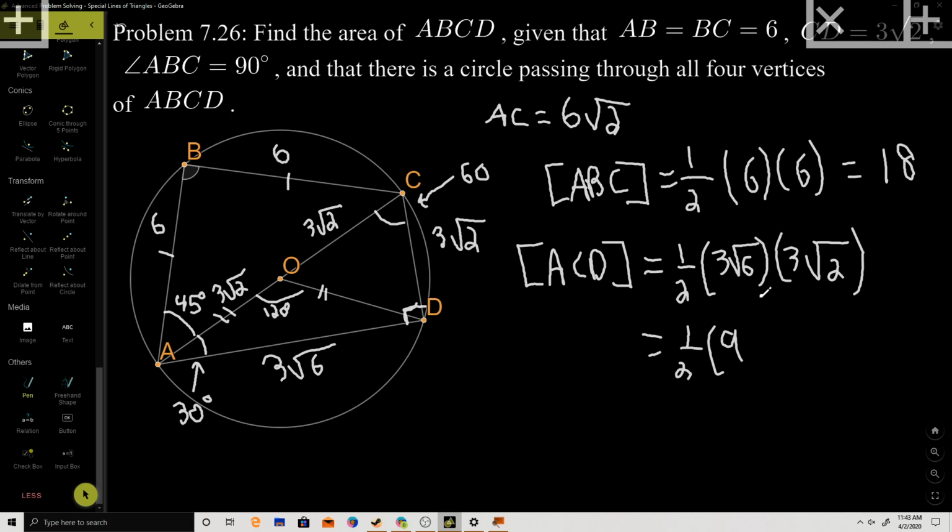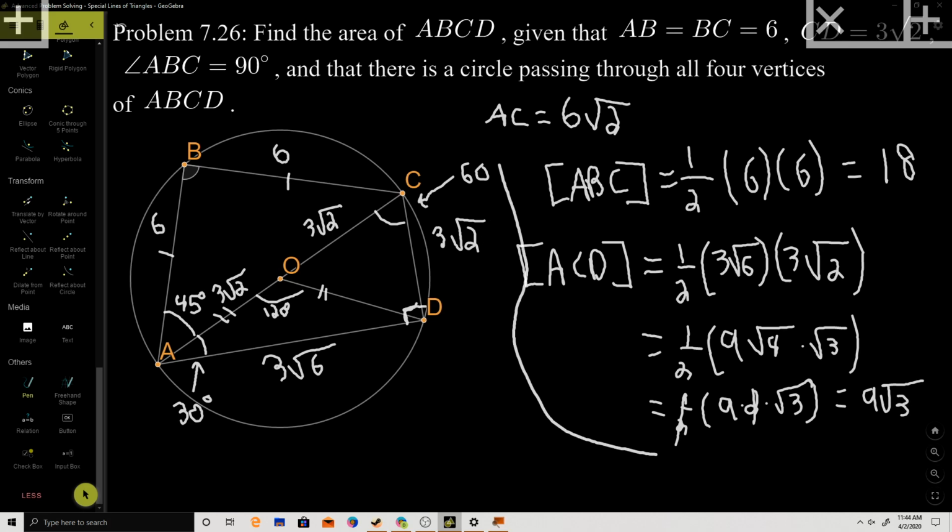And then the square root of 6 times the square root of 2 is the square root of 12. And the square root of 12 can be rewritten as the square root of 4 times the square root of 3. Which means it can be rewritten as 1/2 9 times 2 times the square root of 3. But 1/2 times 2 cancels out, and we're just left with 9 times the square root of 3.